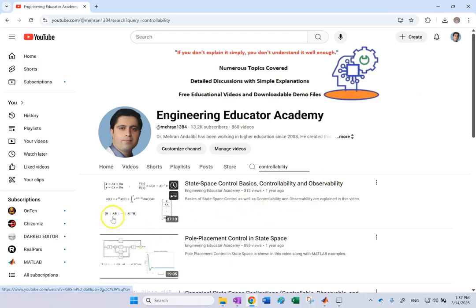And this matrix here that you can see, B, AB, all the way to A^(n-1)B, that's called the controllability matrix. The system is controllable, which means from my inputs, I can control any of my states to go from any value to any other value. I can do it for all of them if this matrix is full rank. And then observability, which was C, CA, all the way to CA^(n-1).